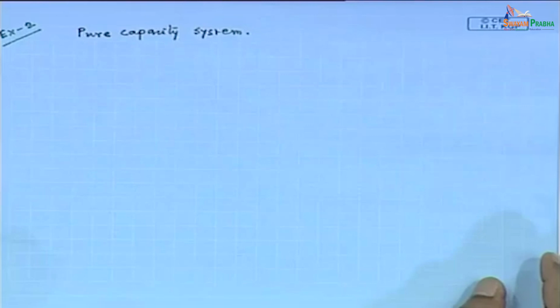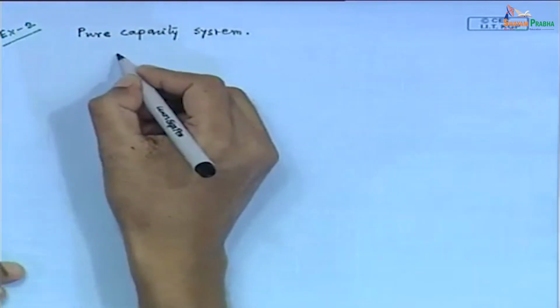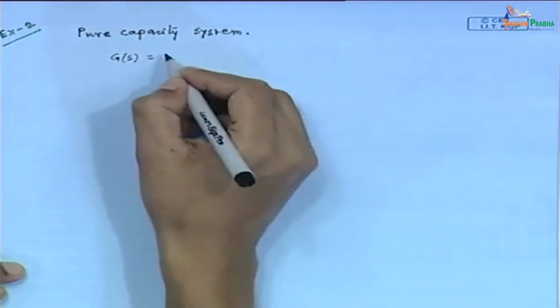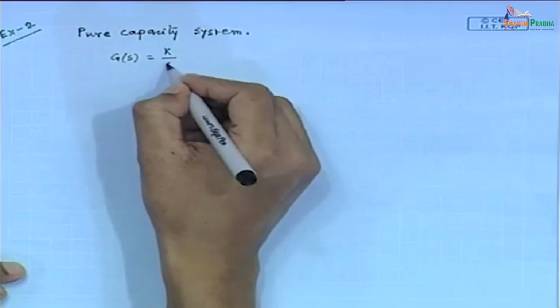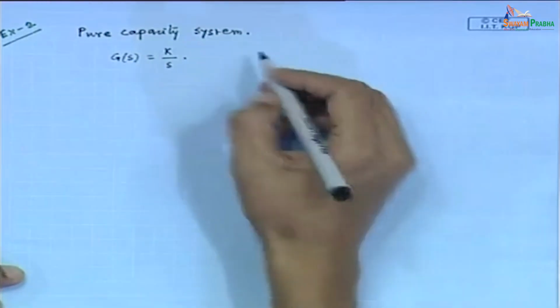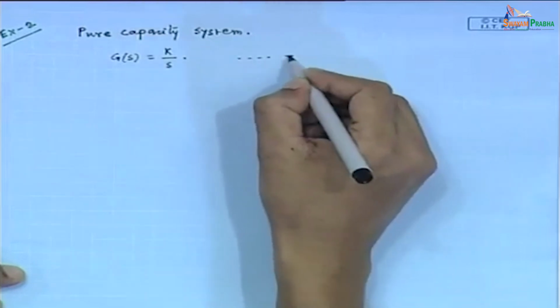What is the transfer function for the pure capacity system? G(s) is equal to k by s. This is the transfer function of a pure capacity system.